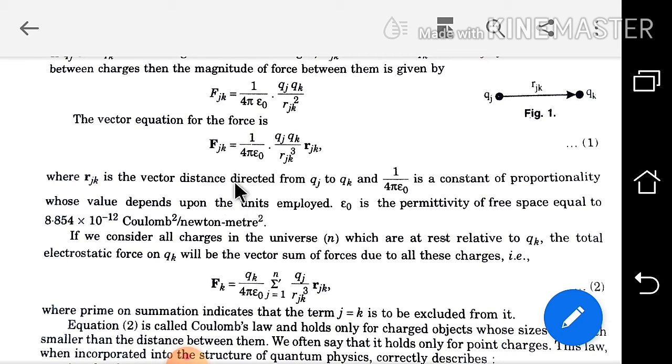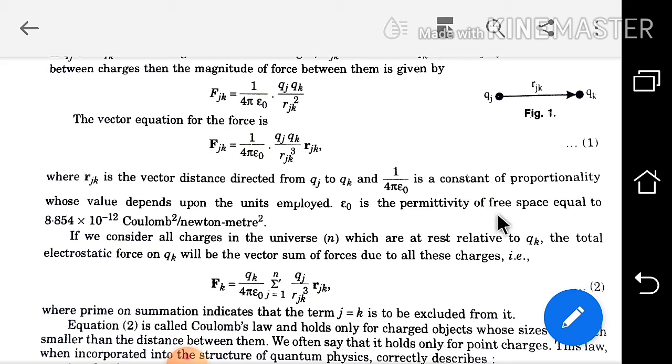Now in vector form, this is written as Fjk is equal to 1 upon 4 pi epsilon naught, Qj Qk upon Rjk cube, times the vector Rjk, where Rjk is the vector distance directed from Qj to Qk, and 1 upon 4 pi epsilon naught is a constant of proportionality whose value depends upon the units employed.